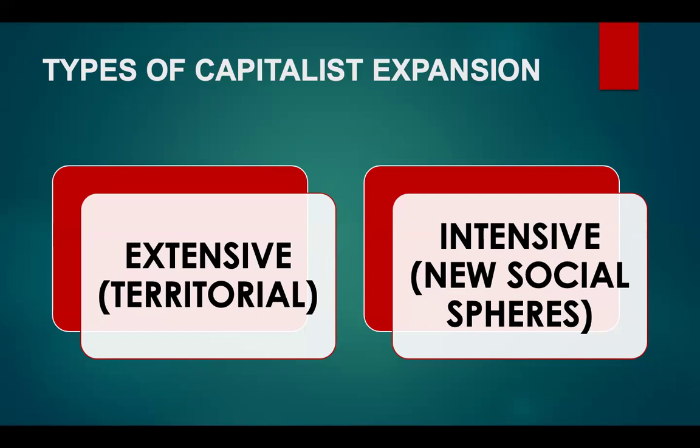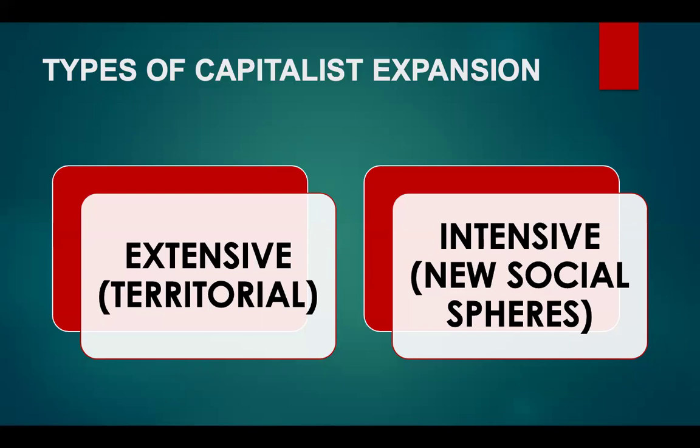Some examples of intensive expansion: the Industrial Revolution, steam engines and factory systems increasing productivity without expanding geography in the 19th century, and Fordism and Taylorism in the 20th century, mass production and efficiency techniques that transformed labor, making work more mechanized and repetitive.